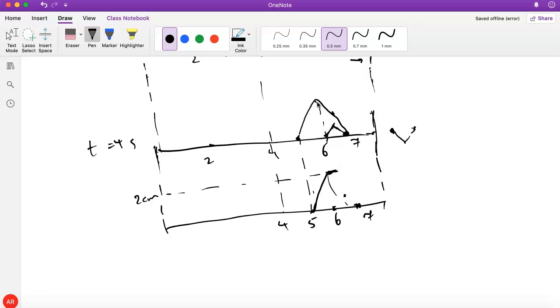Because from here to here I have 2, halfway between I'm going to get a displacement of 1, right? So if this is half of that, these are similar triangles, this is going to be half of that, which is 1, and then it gets added to another 1, so it's going to be this. And then at 7 now, so this is 6.5, at 7 it goes back again to 0.